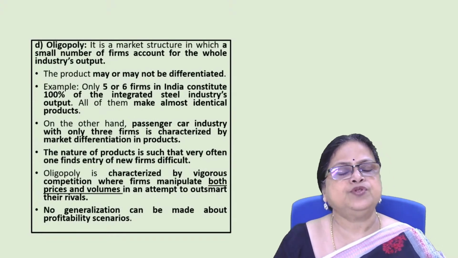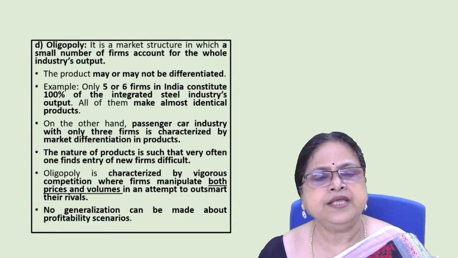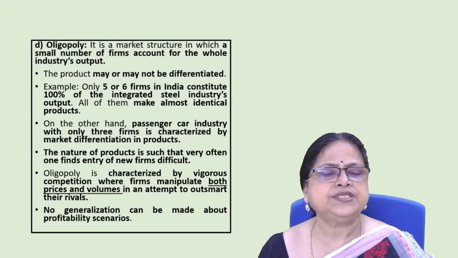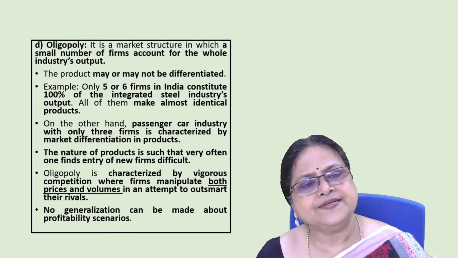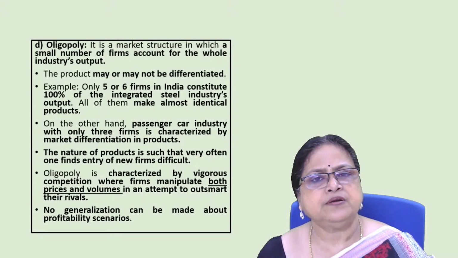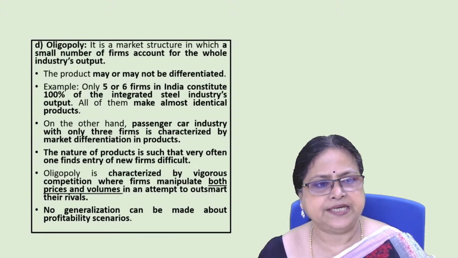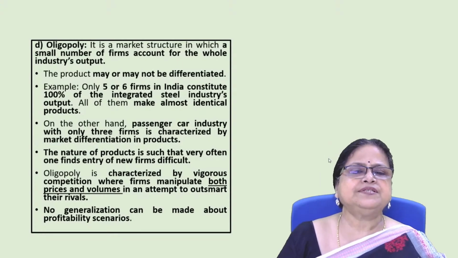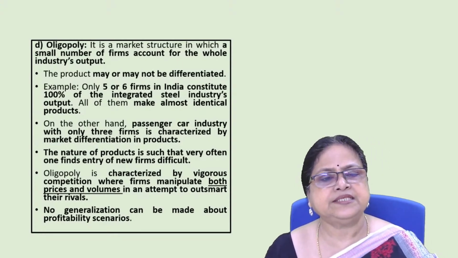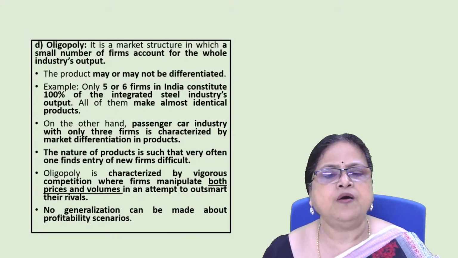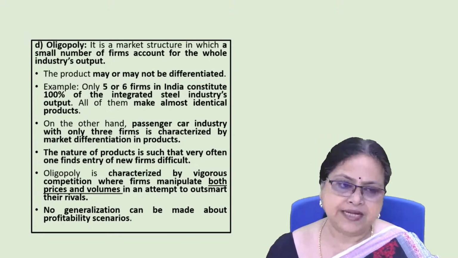Now let us come to the oligopoly. It is a market structure in which a small number of firms account for the whole industry's output. The product may or may not be differentiated. For example, only 5 or 6 firms in India constitute 100% of the integrated steel industry's output. All of them make almost identical products.